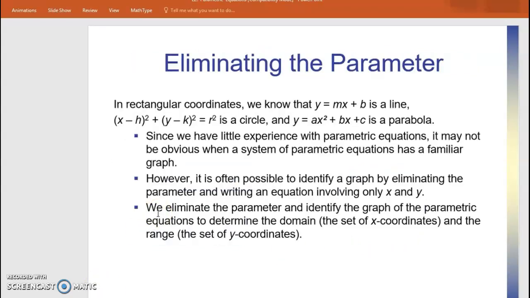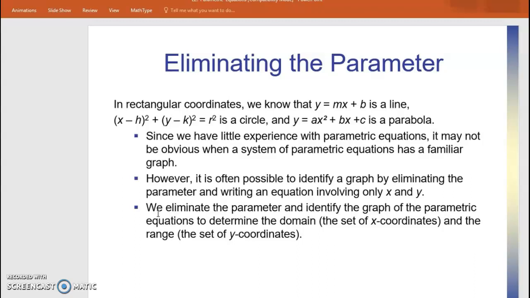Moving right along, the next thing we will look at with our parametric equations is eliminating the parameter. Sometimes when an equation is given to us in parametric form, we're not able to identify how the graph will look, whether it will be a line, a parabola, or a circle, for example.